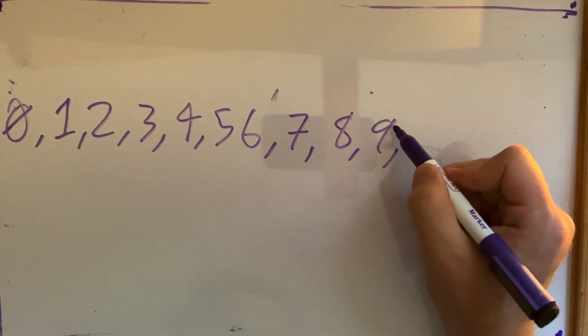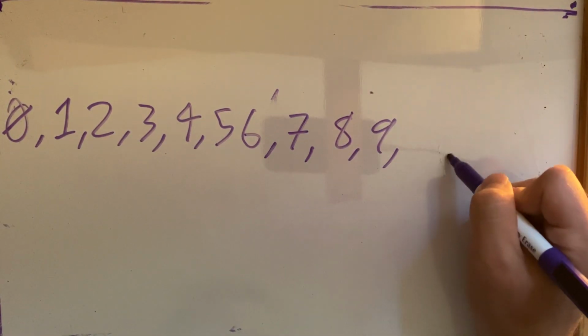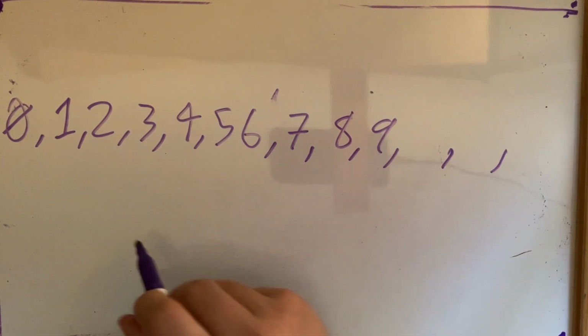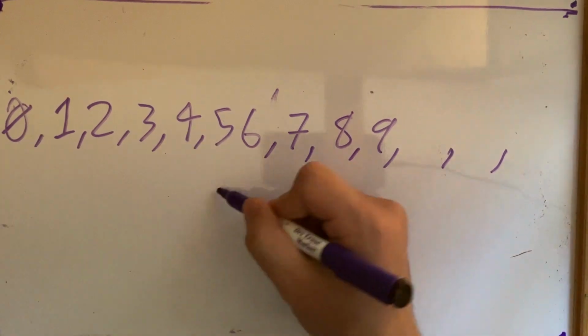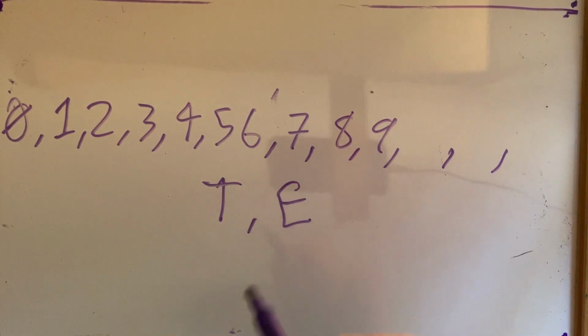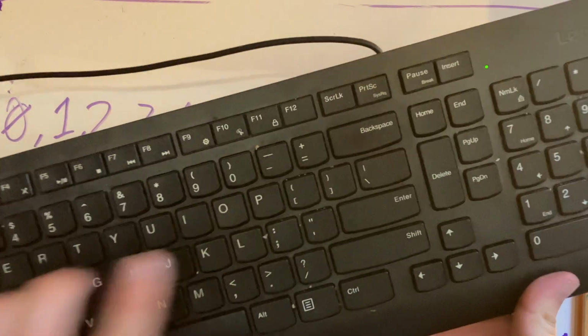This is usually where we stop, but we have to invent 2 new integers here. Some people use A and B. I use a T and an E on the keyboard because, as you can see here, there is no 10th or 11th integer on the keyboard.